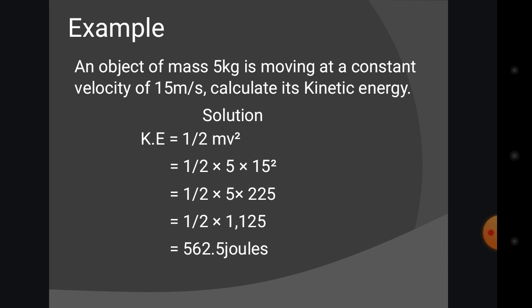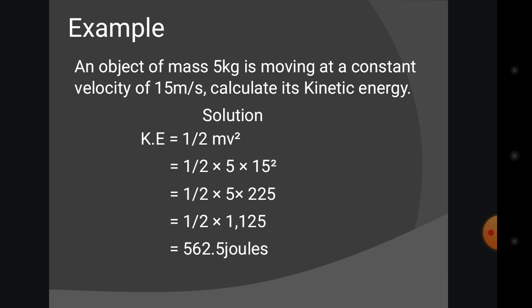Okay, then let's put it into action. 1 over 2, which is here because it is from the formula, then multiplication of 5 times 15. This 15 is in square, which means we have to solve it. Then the second step: 1 over 2 times 5 times 15 times 15, we will end up with 225.